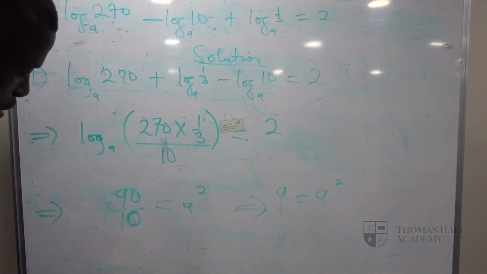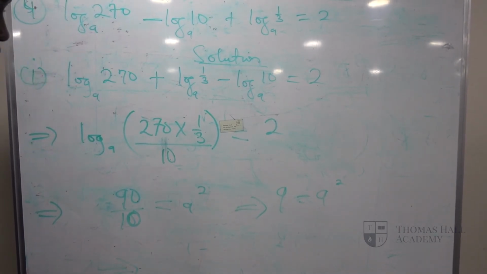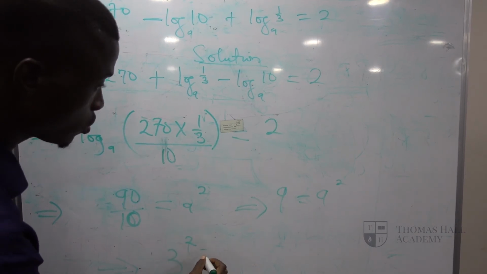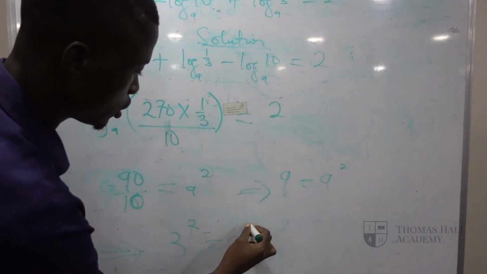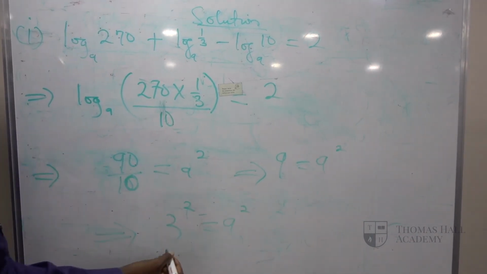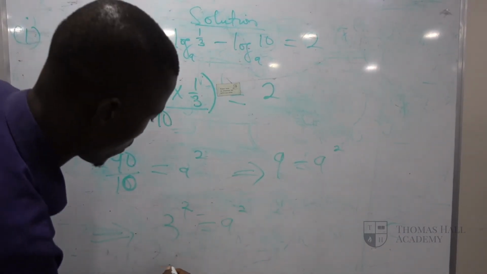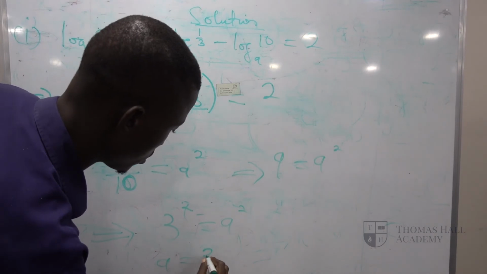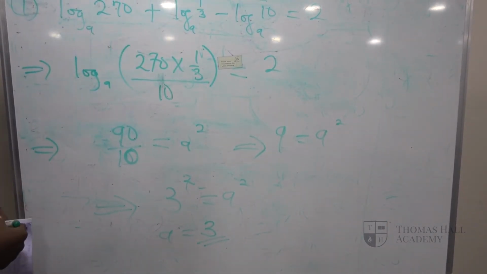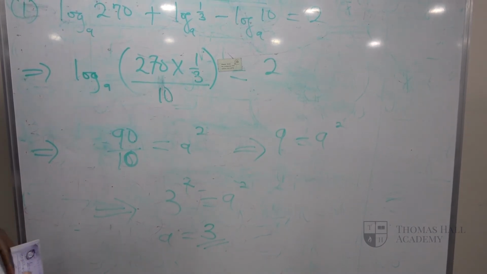Don't forget, indices, you have to be able to express your numbers in powers. 9 can be written as 3 raised to power 2, equals A raised to power 2. They have the same powers. So this cancels this. Our A equals 3.